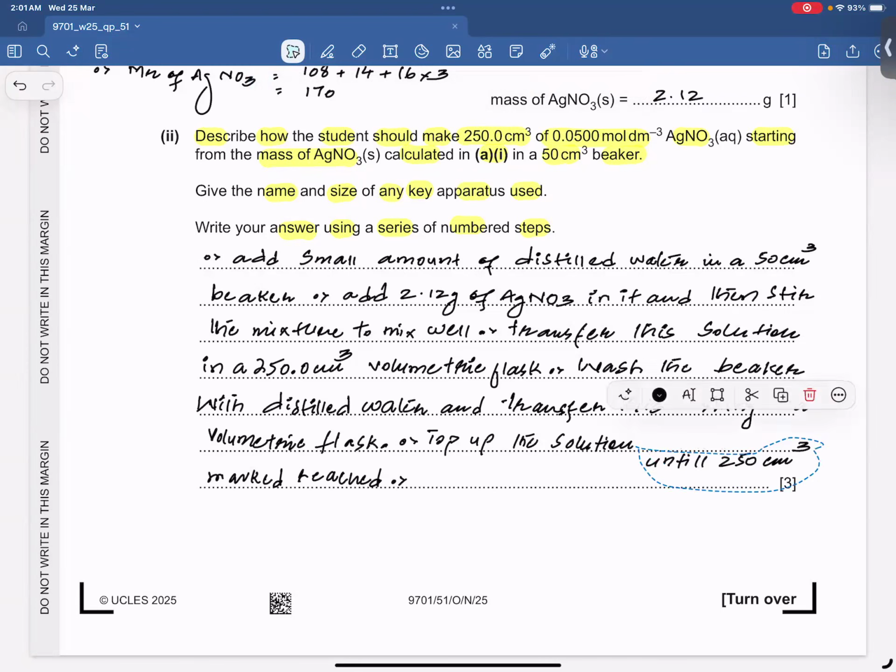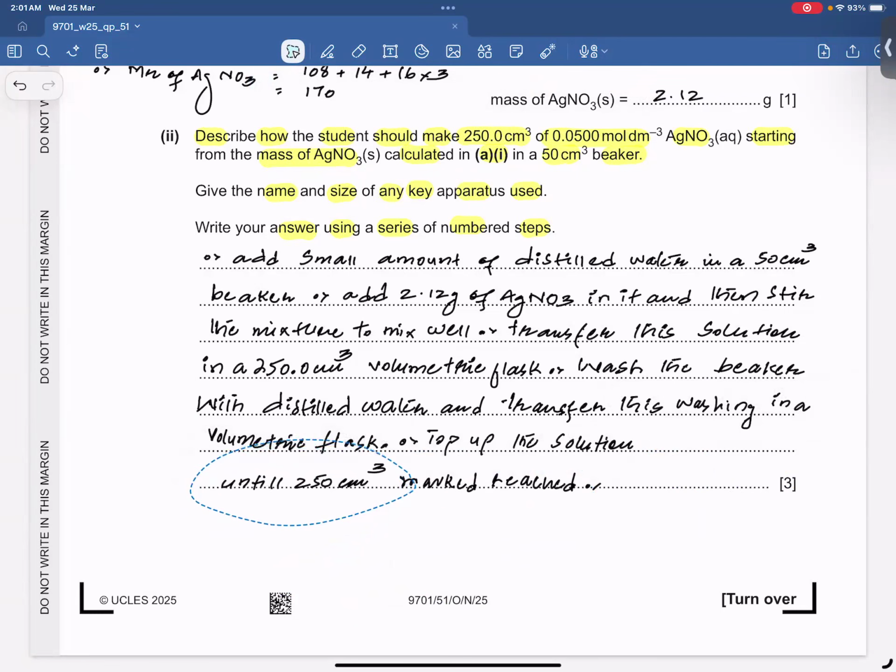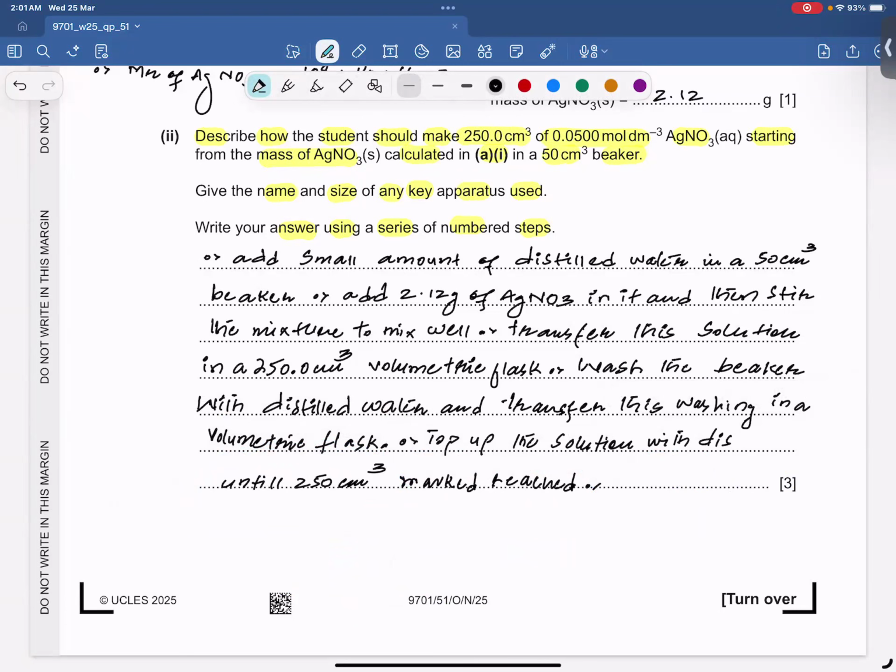Top up the solution with distilled water until the 250 cm³ mark is reached.